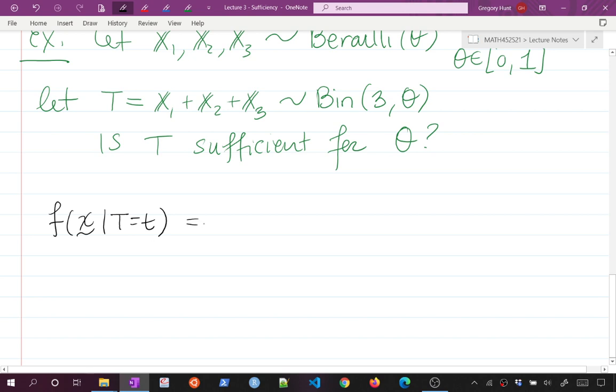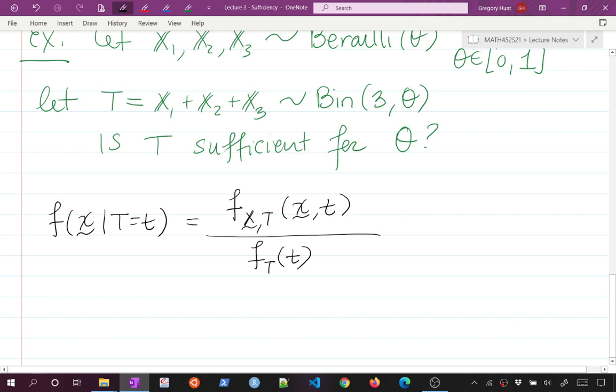The conditional distribution is, of course, the joint distribution of x and t. Let's write it this way. We know from 451 that I can write this as the joint distribution of x and t at little x, little t, over the marginal distribution of t.